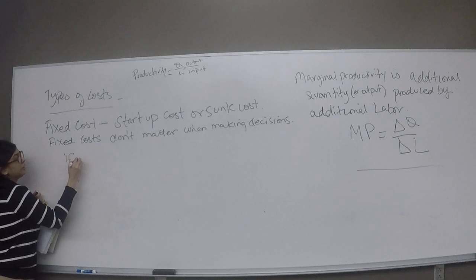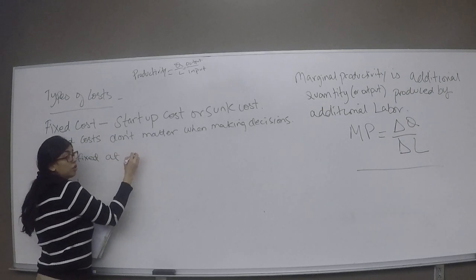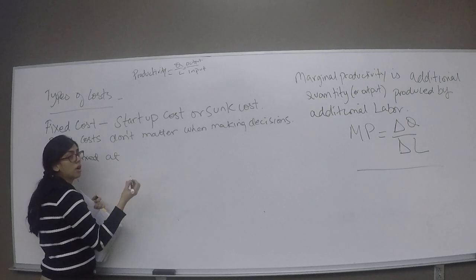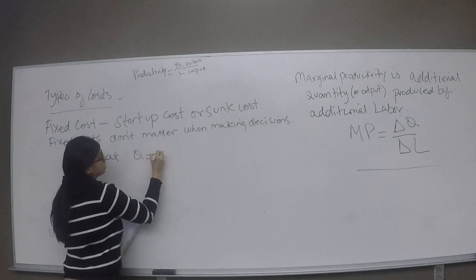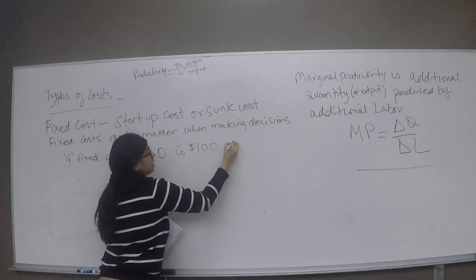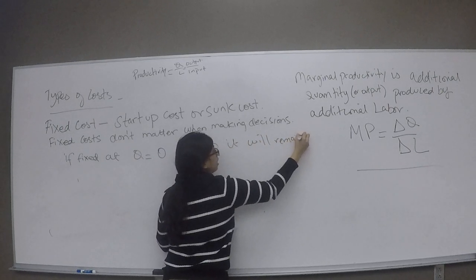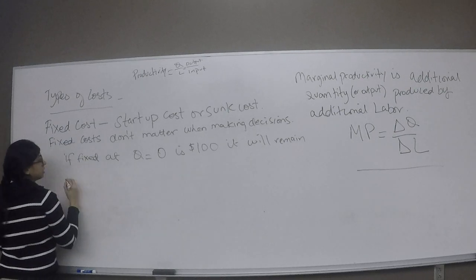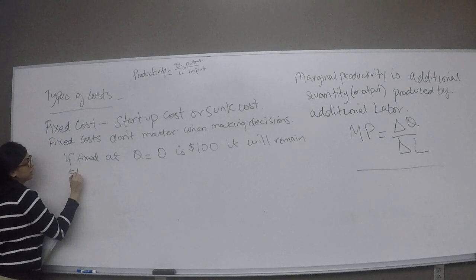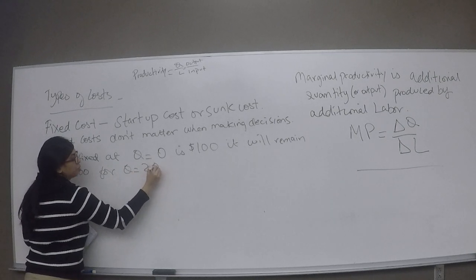If fixed cost at zero quantity produced is $100, it will remain $100 for quantity 20 produced.